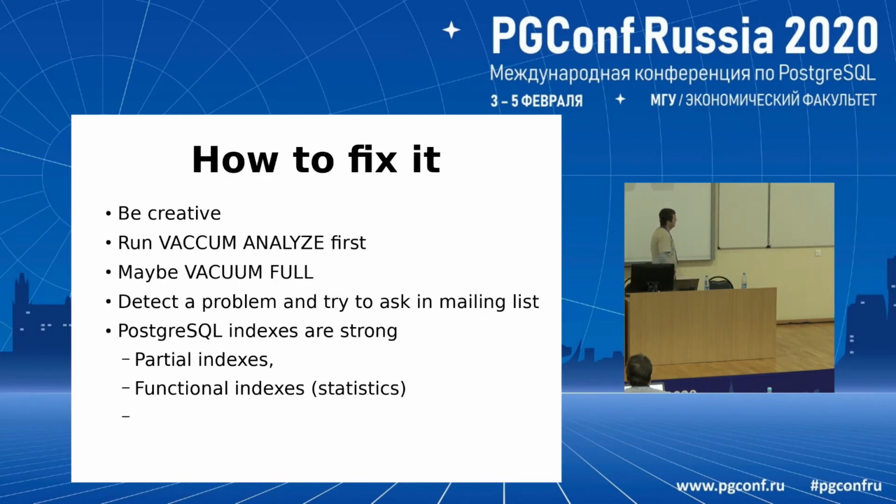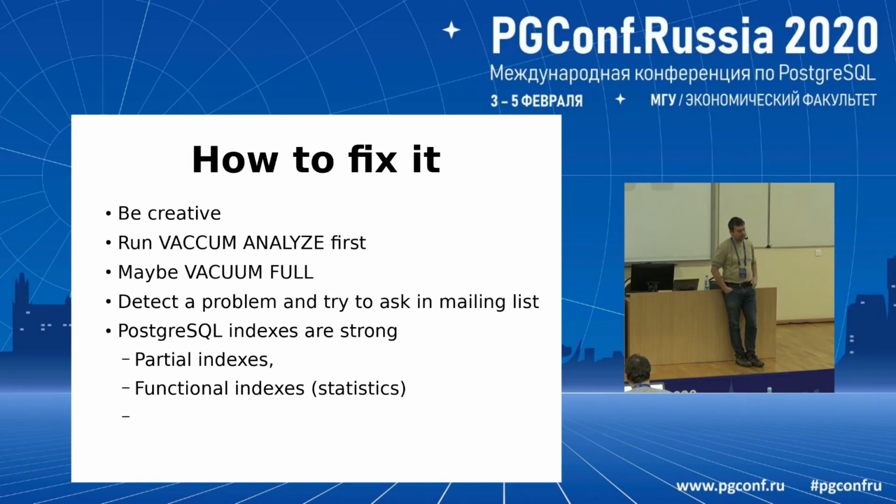So I mentioned the possibilities, the issues and sources of issues. And the base problem is that Postgres is not Oracle and Oracle is not Postgres. What you can do: first you have to be creative. Postgres is open source and creativity is expected. But there are a lot of tools, and there are a lot of people who can help you.